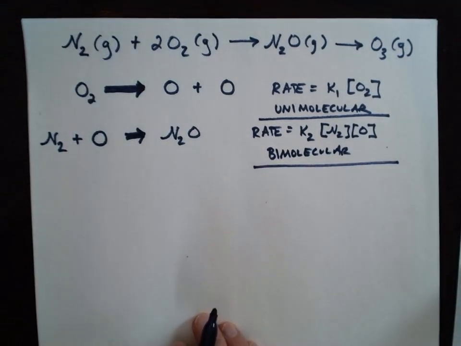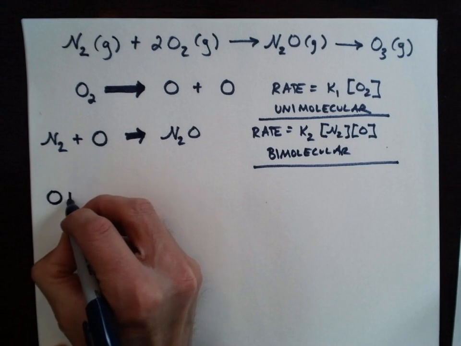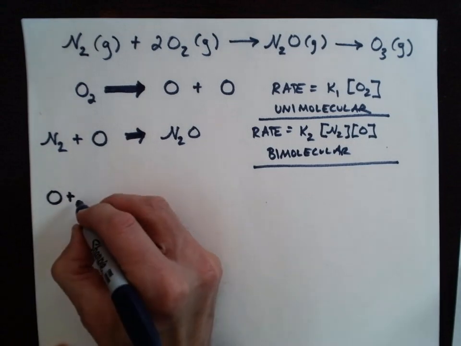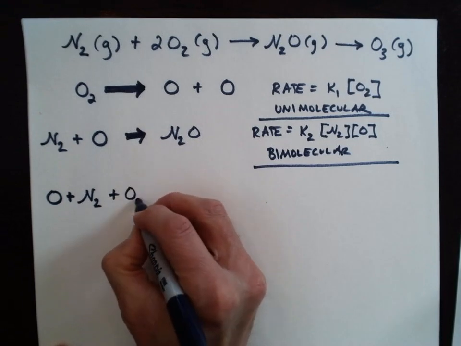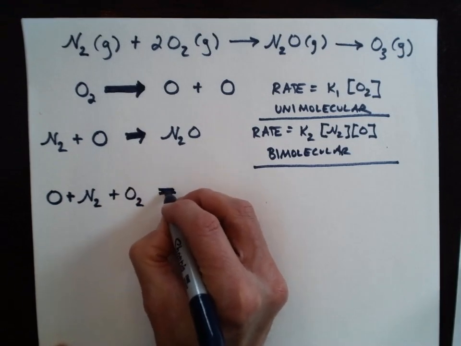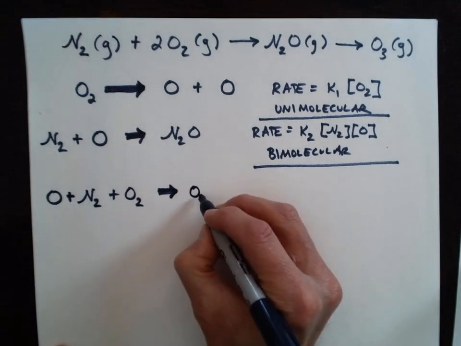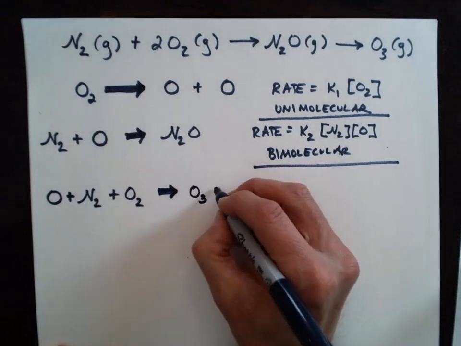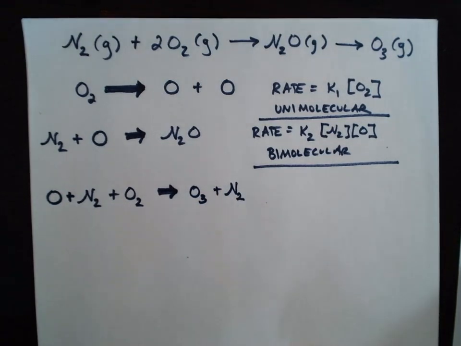Step 2 is a bimolecular step. And then in step 3, we're going to have a termolecular step where three things collide. That's going to be an oxygen atom in the gas phase, a molecule of nitrogen, and a molecule of oxygen gas. Those are going to collide in an actual chemical event, and that's going to form ozone, and the nitrogen is going to remain the way that it was.